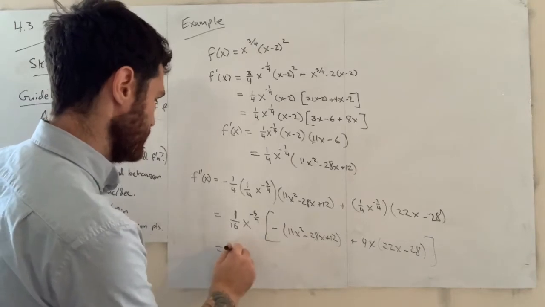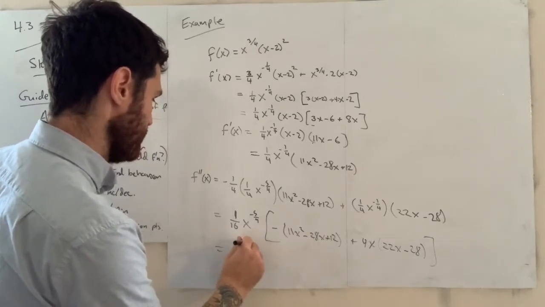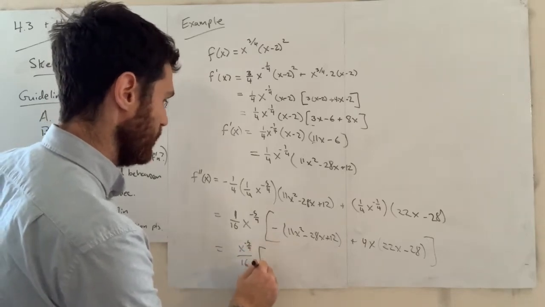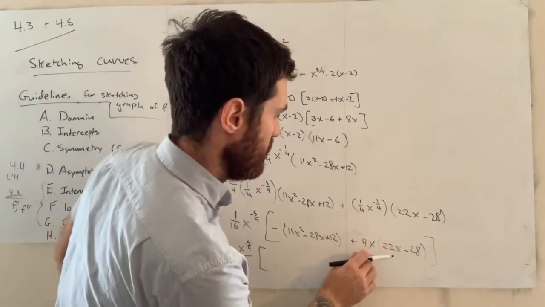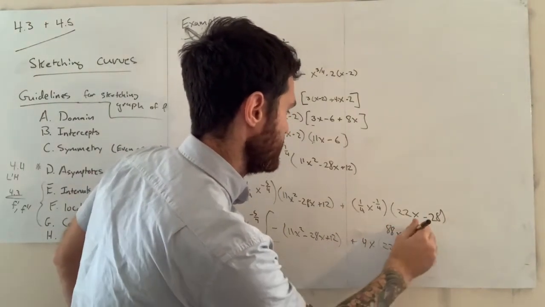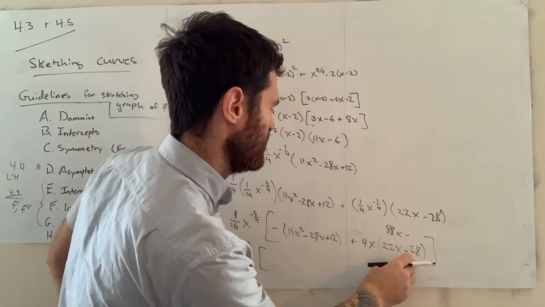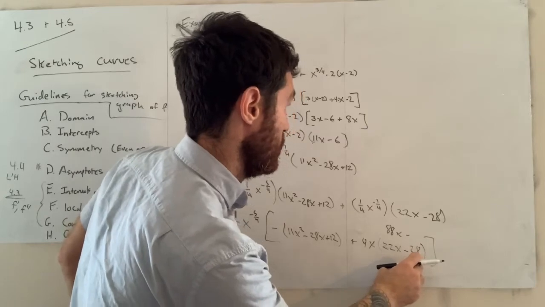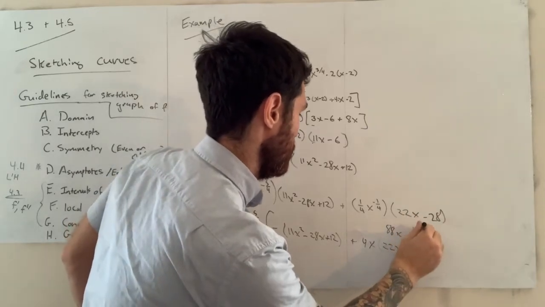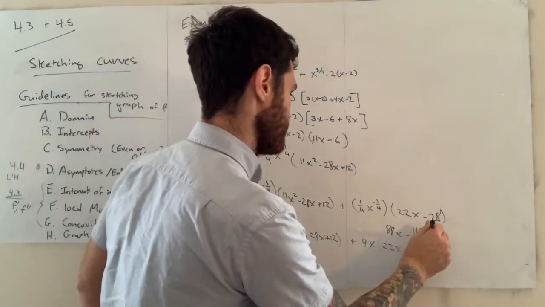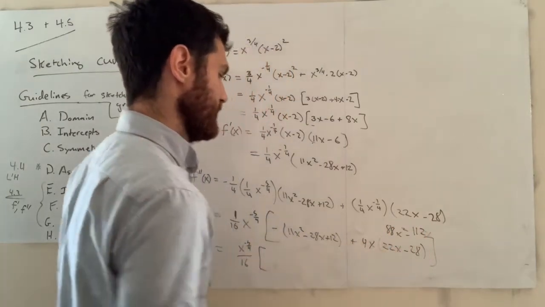So again, this is going to be x to the negative 5/4 divided by 16. All of that times, if I multiply this out, I get 88x minus, this becomes 32, 112x, because I have an x there.